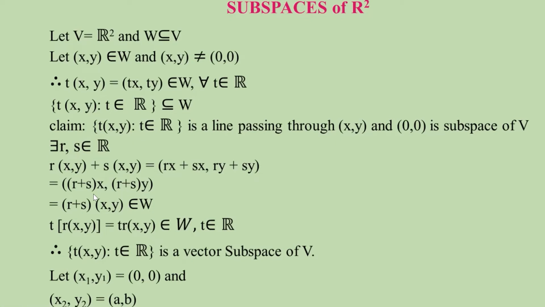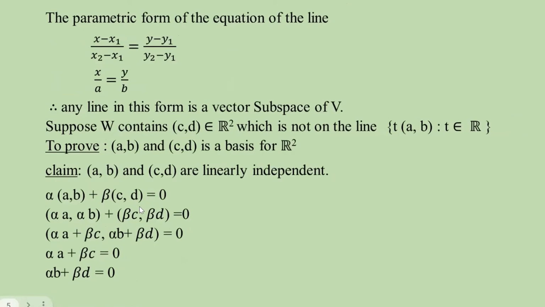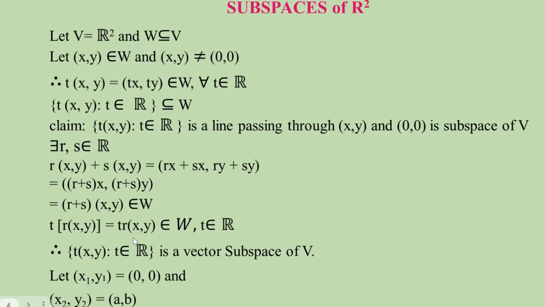Now for scalar multiplication, take some scalar t in R and an element in the line, r times (x, y), then t times r times (x, y) belongs to W. So scalar multiplication is also satisfied. Therefore, this line is a vector subspace of V.